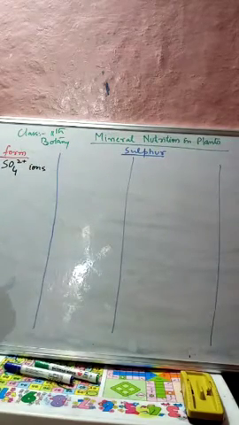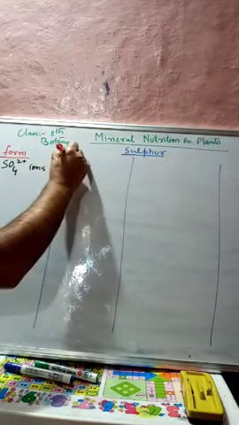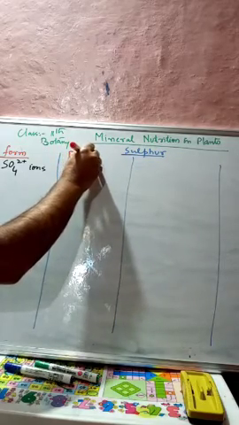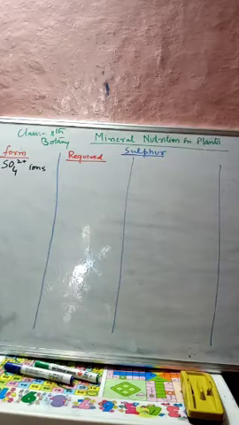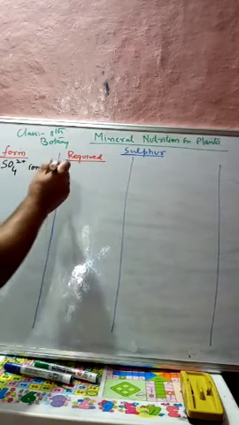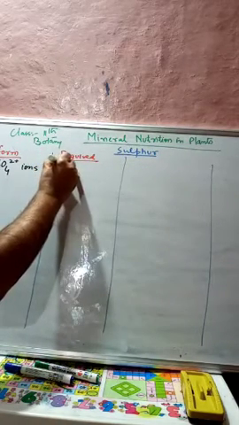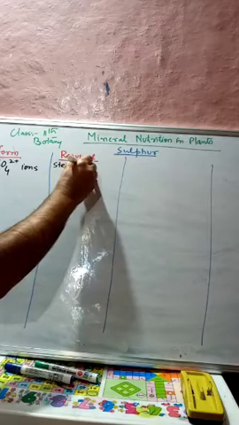Second, now where it is required. If we talk about sulfur, it is mainly required at stem and root tips.